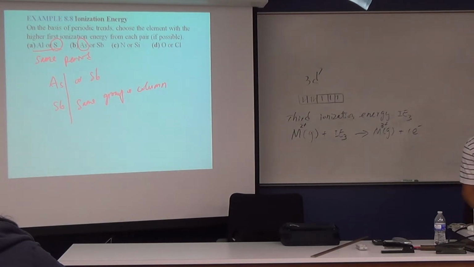Right? Now the next comparison is between N, which is here, okay? And then carbon is here, and then silicon is here, and then what? Silicon is here, then you have phosphorus here.